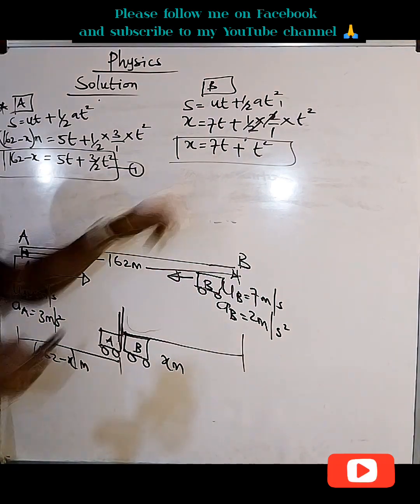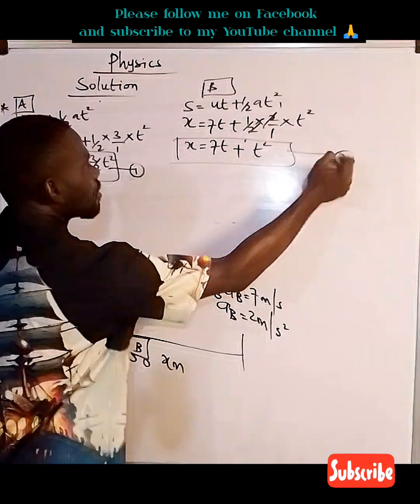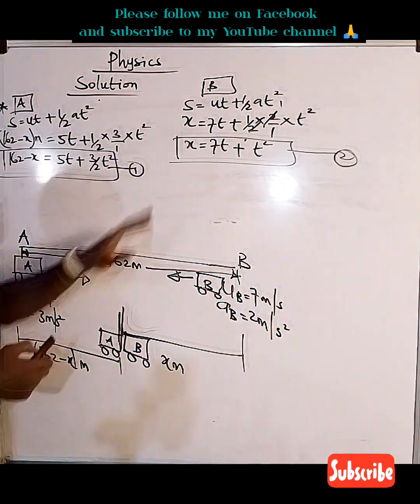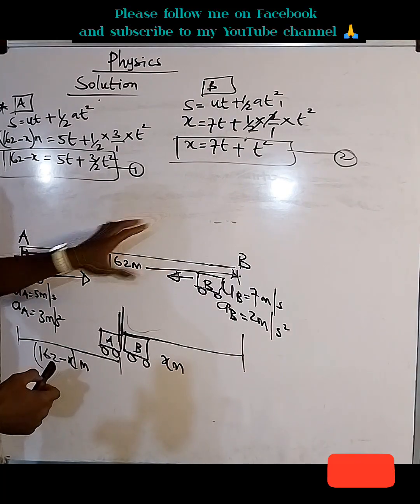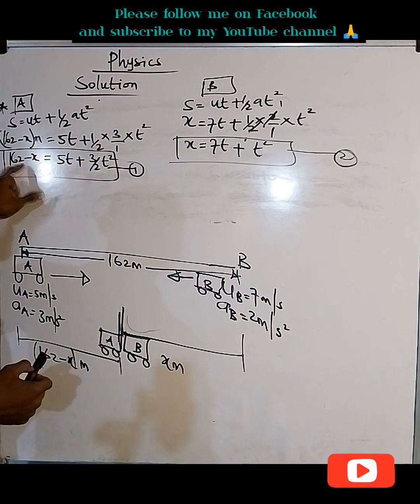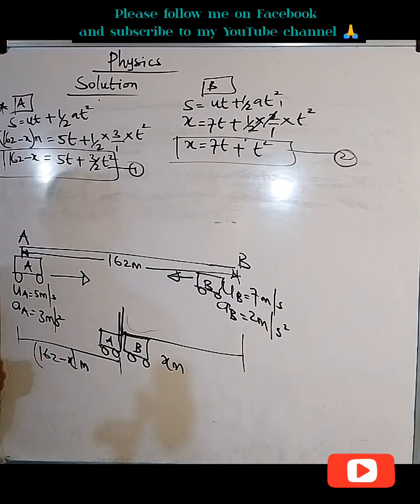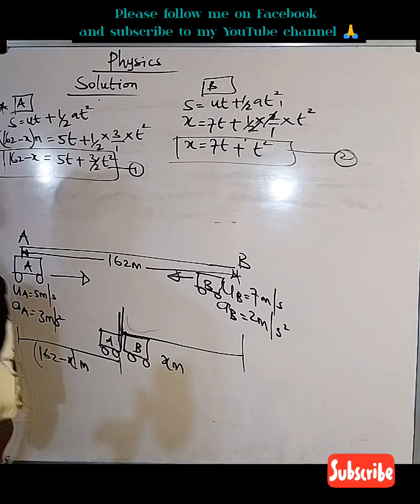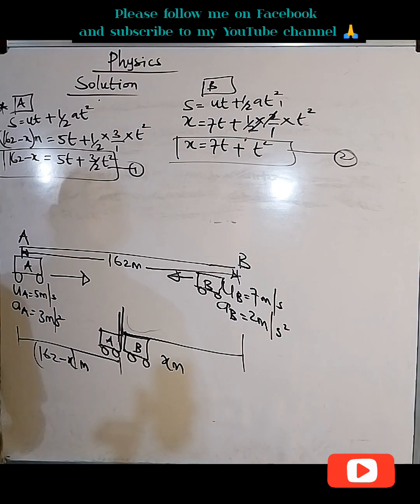So this is equation 2. Now if x is 7t plus t squared, that means you can substitute x into equation 1 to solve it. So we're going to do that right away.